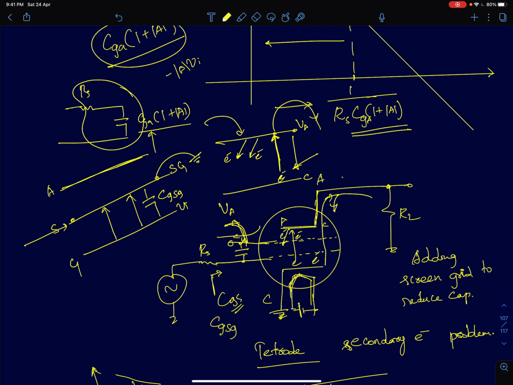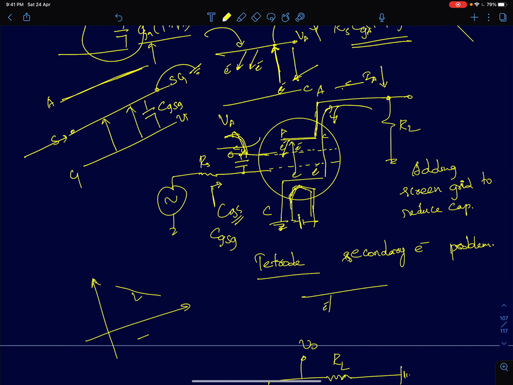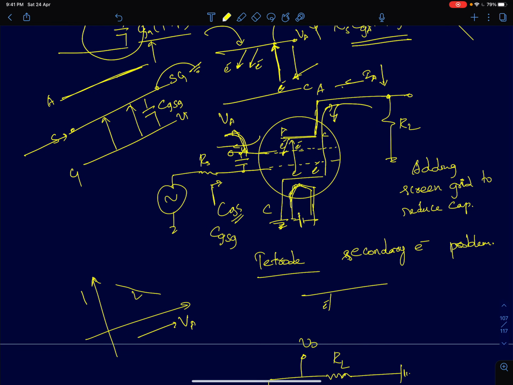But if the anode is going to lose some electrons, the anode current will decrease. So this is an interesting phenomenon that they were observing. If you increase the anode voltage, there was a decrease in the anode current. The anode current was slightly decreasing because of this emission of secondary electrons.